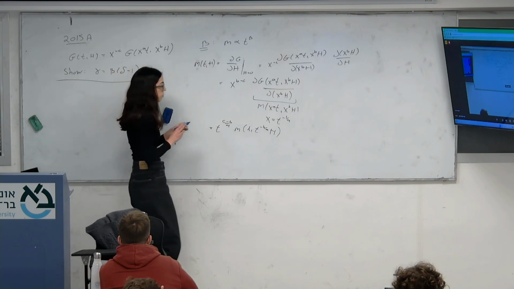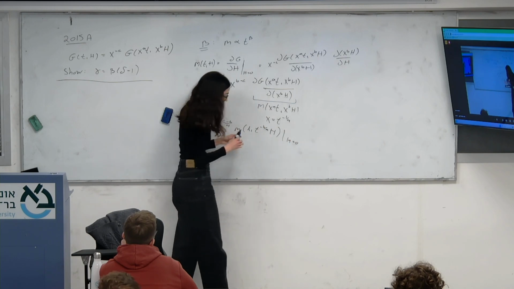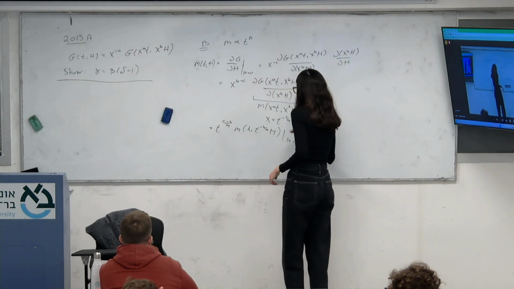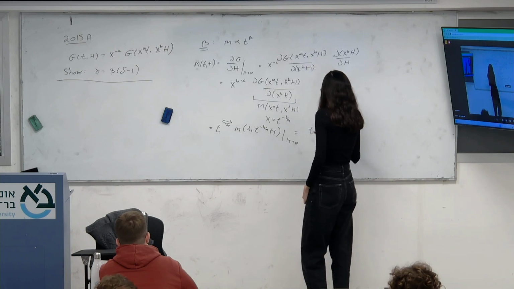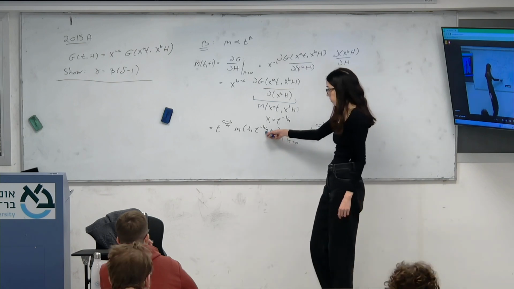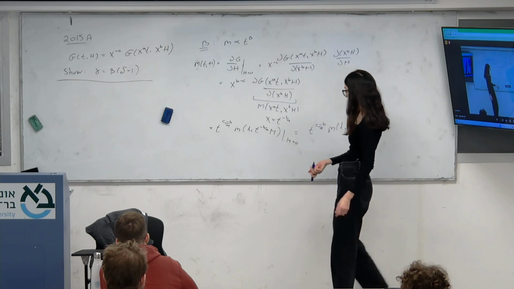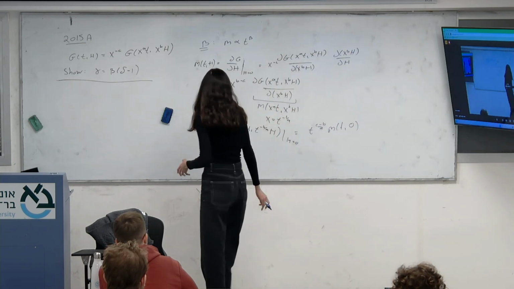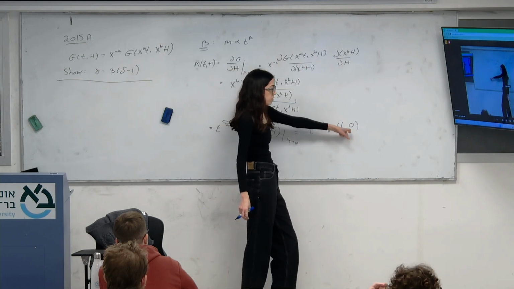And now we still need to take h equals 0. So this is equal to t^((c-b)/a) m of 1 and 0. Because no matter what I multiply, this is a function of t, but I multiply with some things that go to 0, so everything there is 0. So what we are eventually left with is the magnetization for 1 and 0.